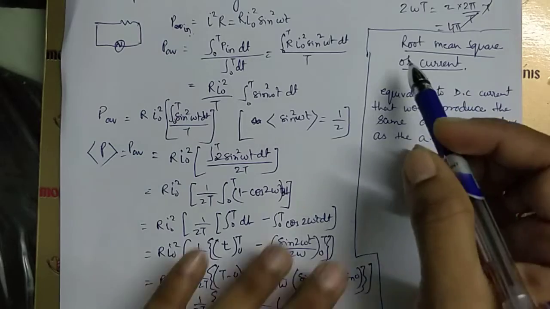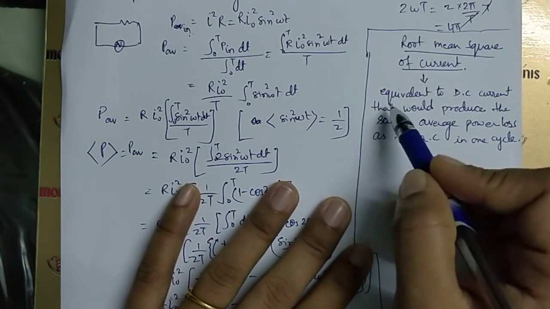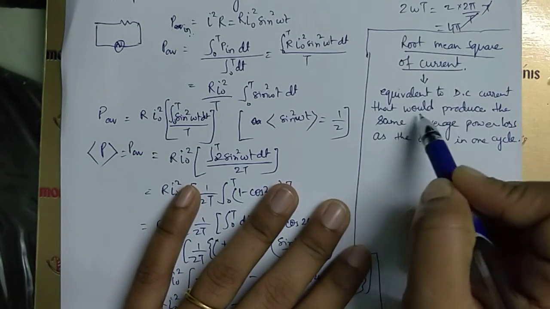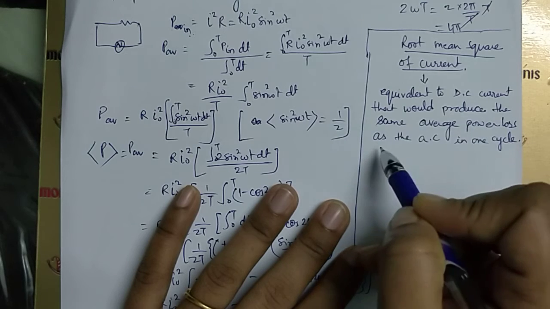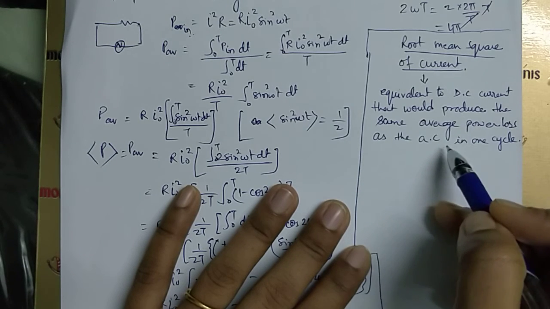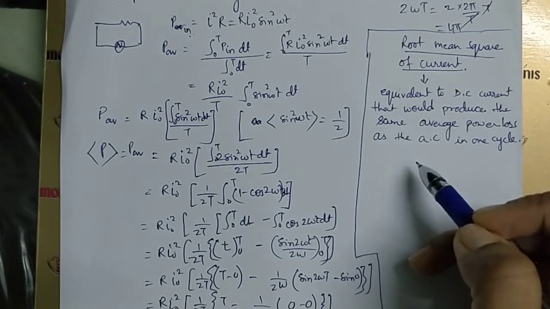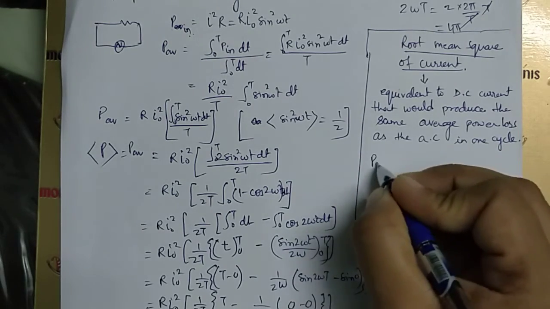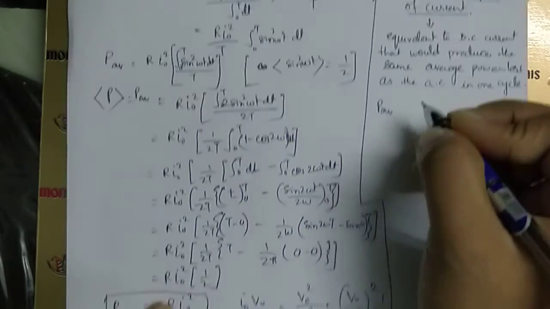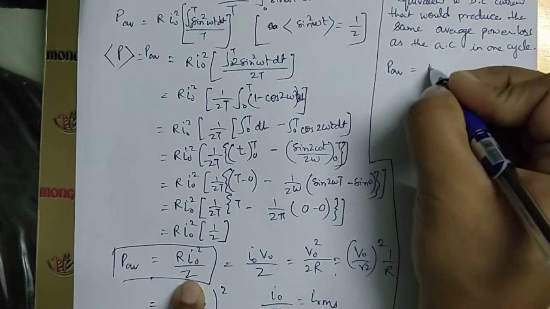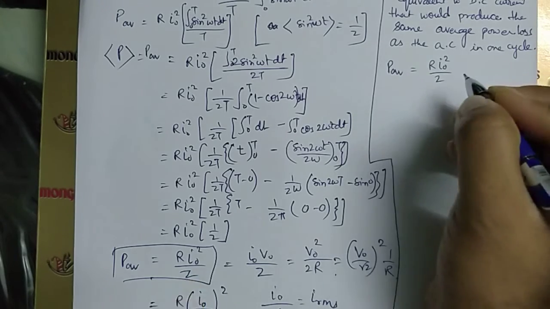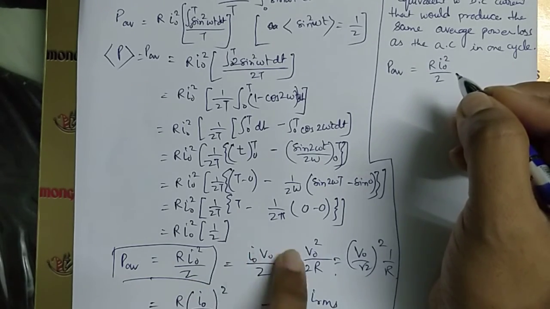Okay, now next topic is root mean square of current, and it is defined as the equivalent direct current that would produce the same average power loss as the AC alternating current in one cycle. So just now we have calculated the average power. We got this expression equal to R I naught square by 2, or any of these three expressions which we got.